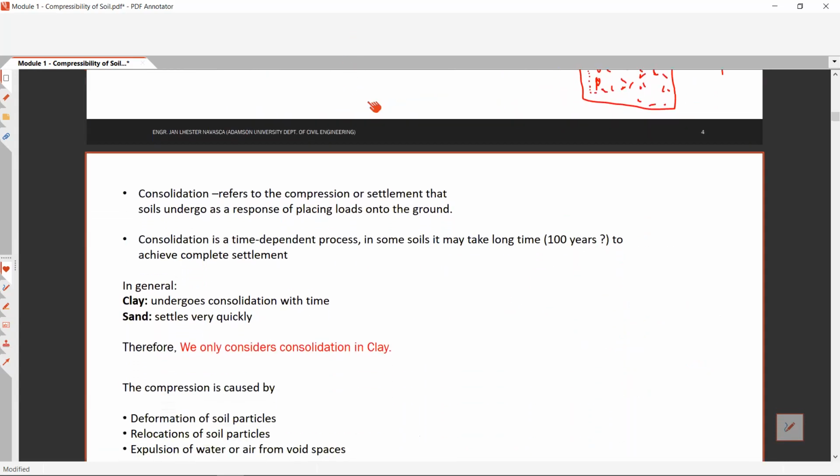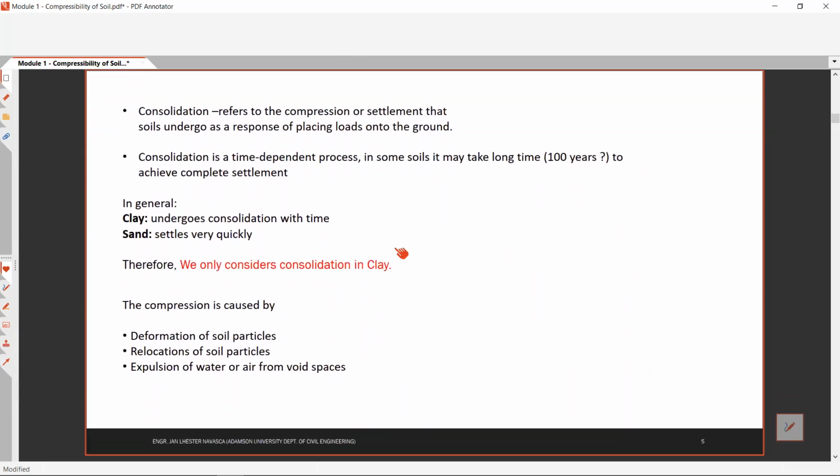Okay? So consolidation refers to the compression or settlement that soils undergo as a response to placing loads onto the ground. Also, consolidation is a time-dependent process. In some soils, it may take hundreds of years to achieve a complete settlement.